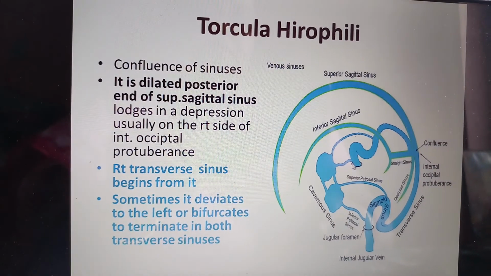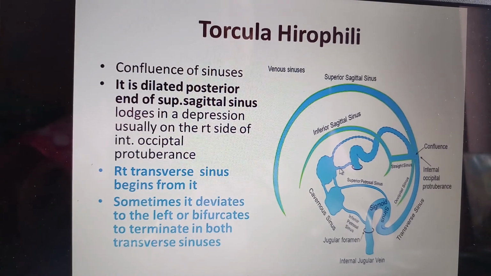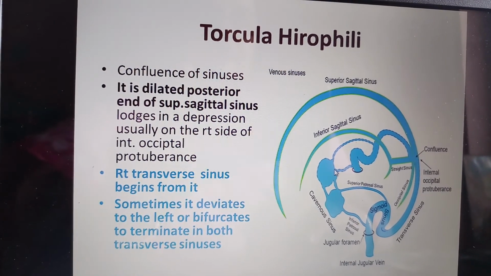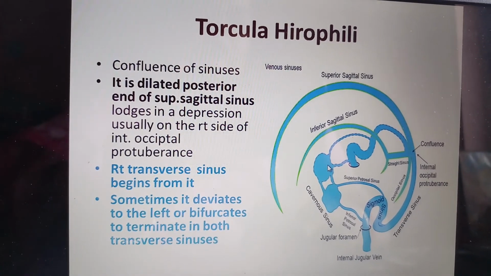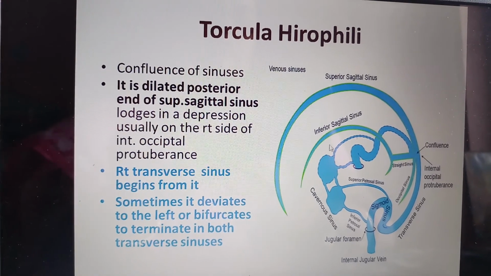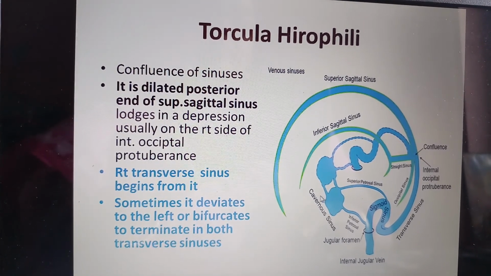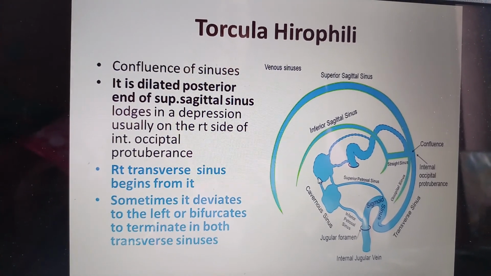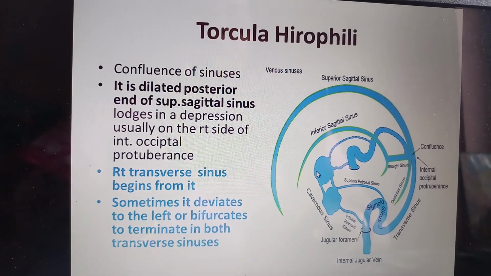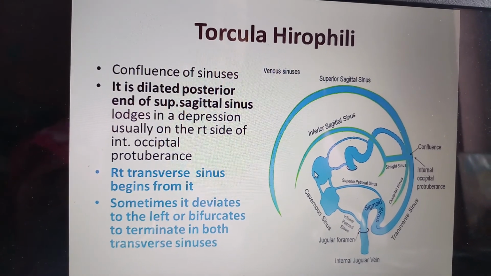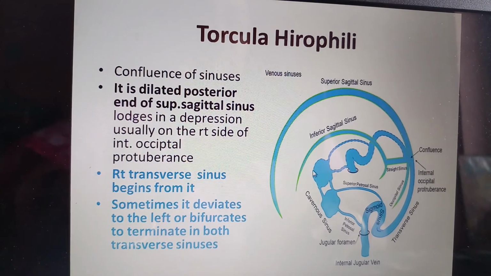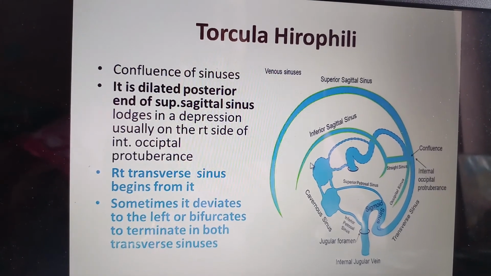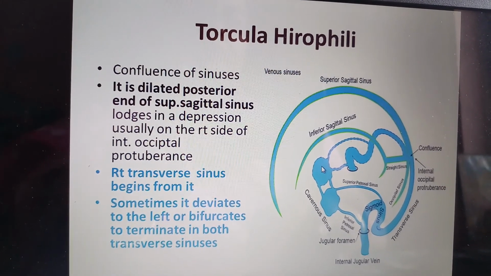Next, you have to see what is known as the torcular herophili. Often you can be given a short note or some small questions regarding this torcular herophili. It is a confluence of the sinuses, and it is nothing but the dilated posterior end of the superior sagittal sinus. The torcular herophili is lodged in a depression on the right side of the internal occipital protuberance.